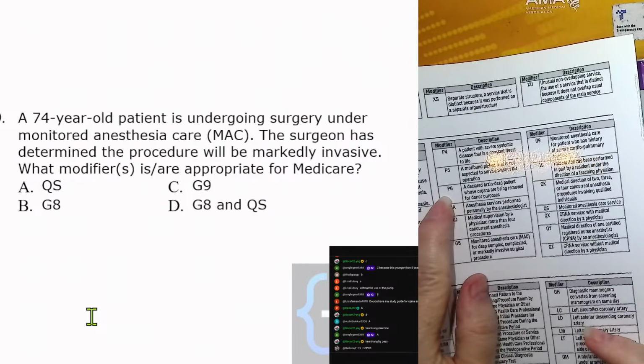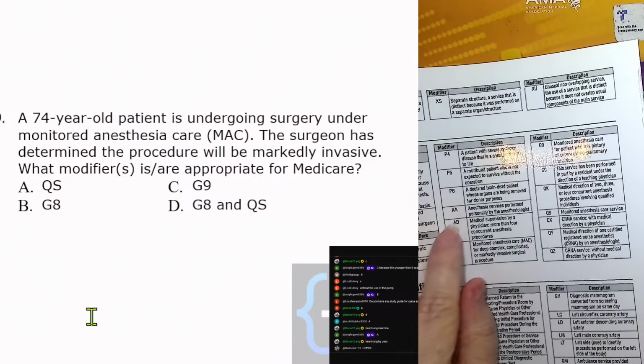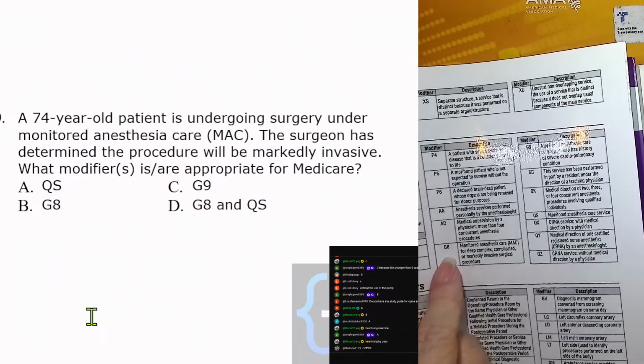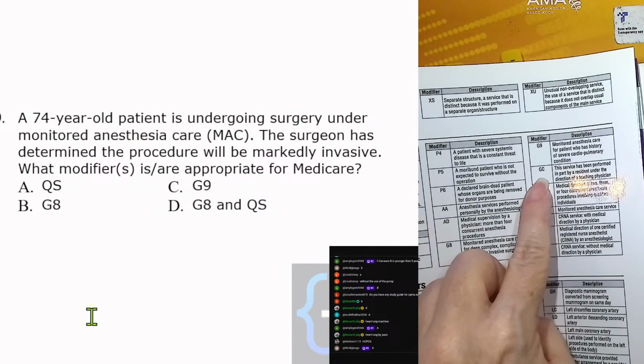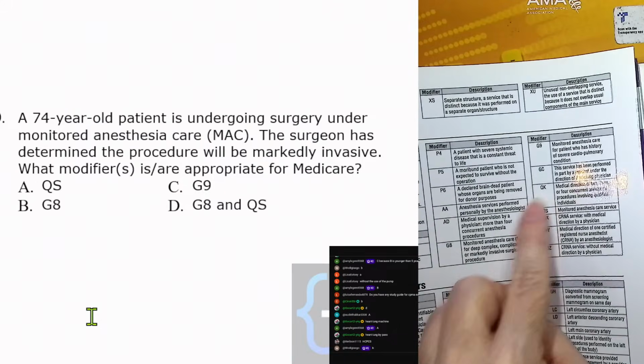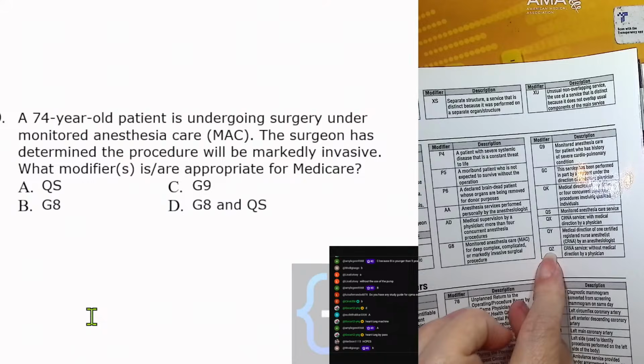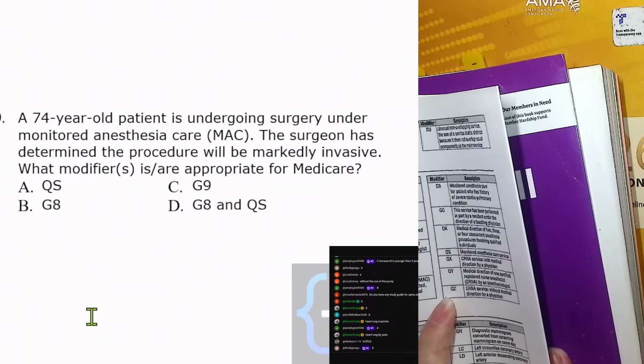The interesting part that you need for your CPC exam starts right here with AA. AA, AD, G8, G9, GC, QK, QS, QX, QY, and QZ are all needed for your CPC exam.